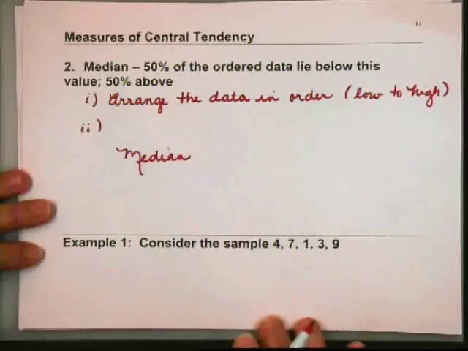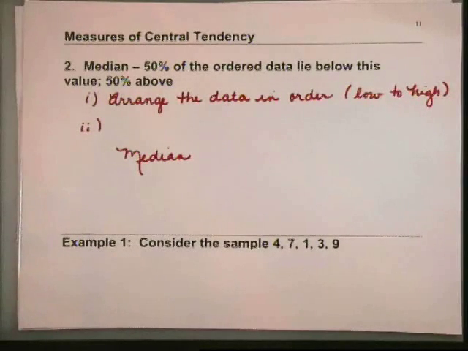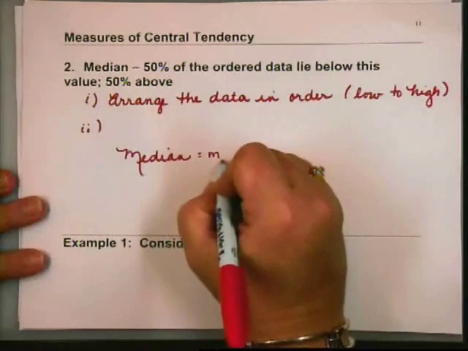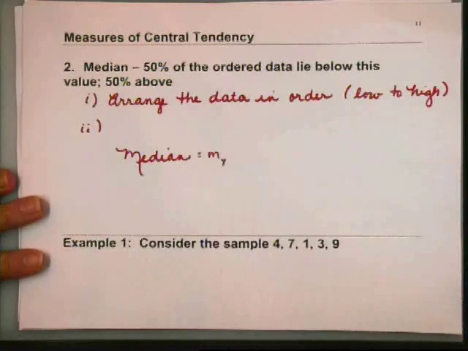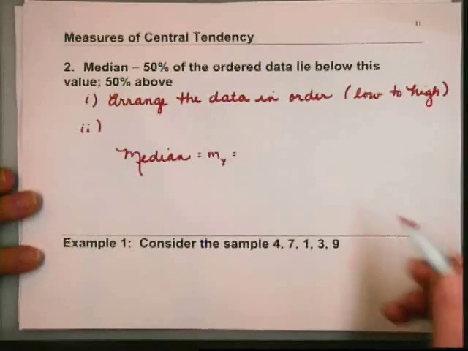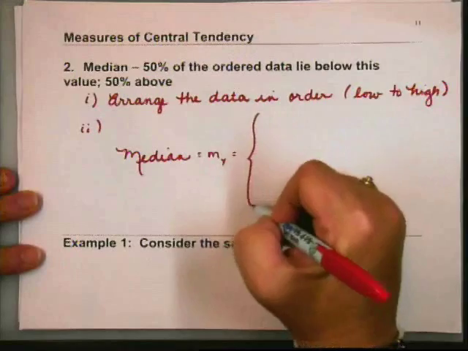I've not come across any generally accepted notation for a median anywhere. People just call it what they call it. This textbook uses lowercase m with subscript y, the median of random variable y. It's written here for a sample as a step function.